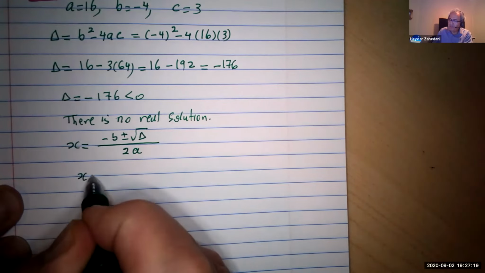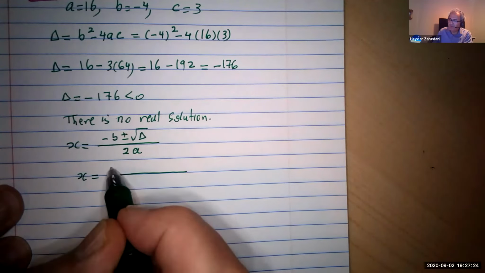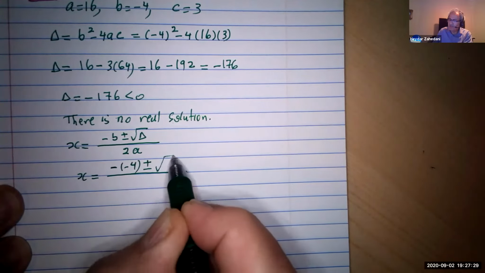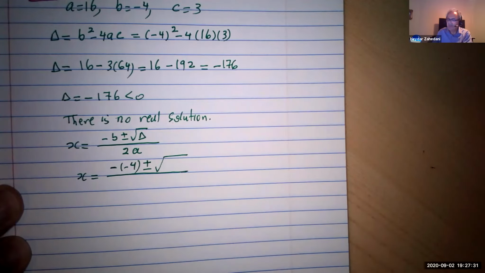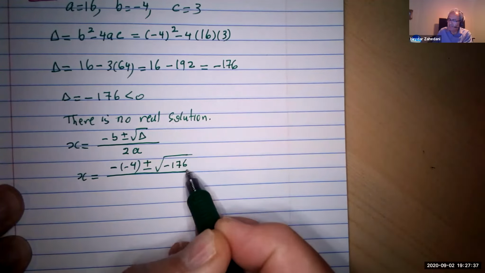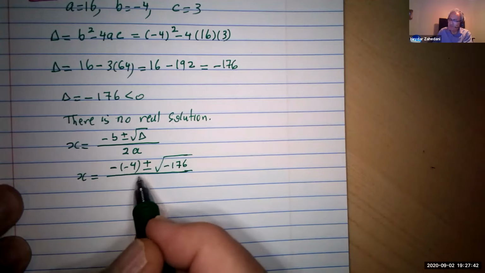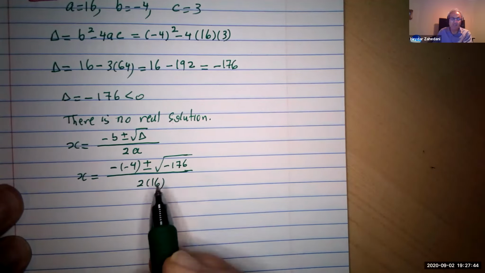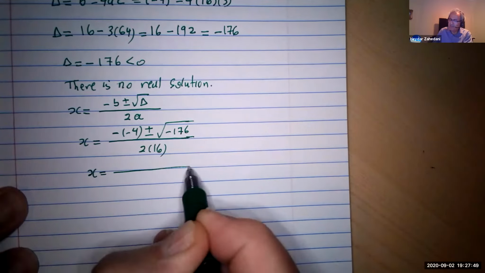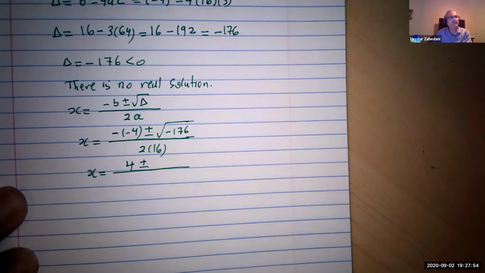B is negative 4, so negative b is 4. So 4 plus or minus the square root of negative 176, divided by 2a, which is 2 times 16, which is 32.